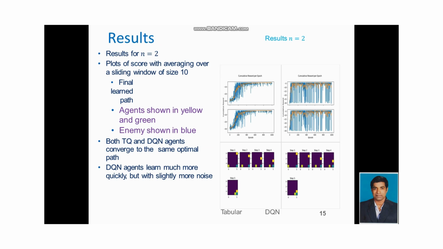The enemy is shown in blue. Both TQ and DQN agents, tabular Q-learning and deep Q network agents, converge to the same optimal path. DQN agents learn much more quickly, but with slightly more noise.